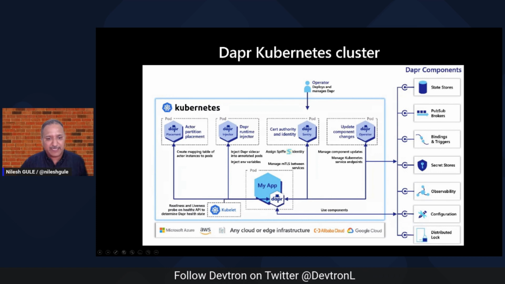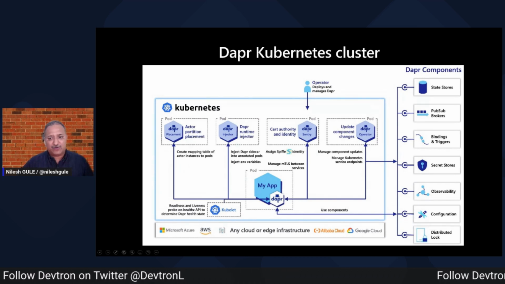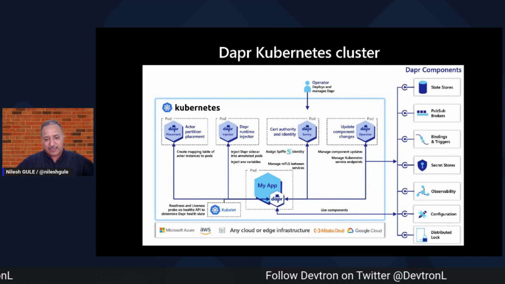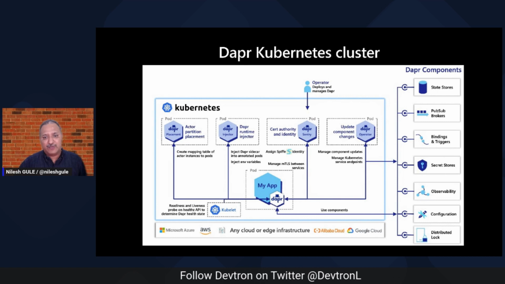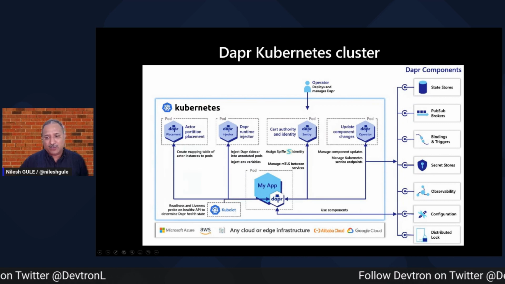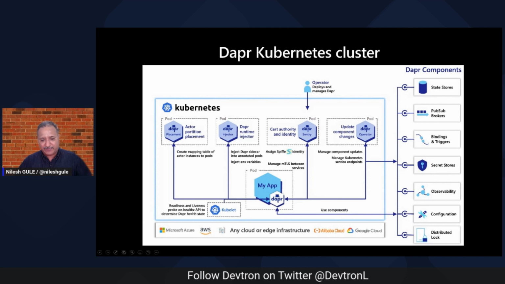It also has MTLS for certificates, and it also has an operator model. So if we are running in, let's say, a high availability scenario, Dapr can be deployed in multiple clusters. So it supports the operator model, and it can be deployed on any cloud, as we saw earlier.